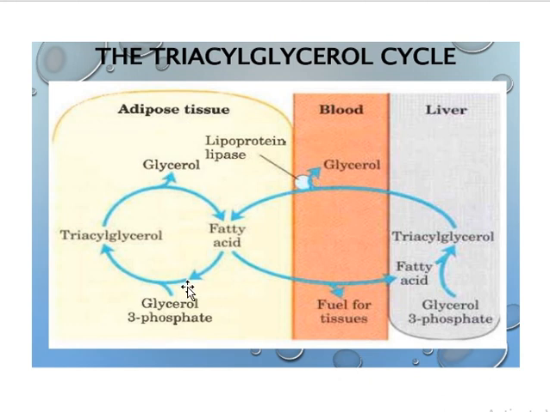In the adipose tissues, esterification again takes place, and the free fatty acids and glycerol 3-phosphate give rise to triacylglycerol, which is stored in the adipose tissues. This synthesis takes place in the fed state, when an abundant supply of fatty acids is present.